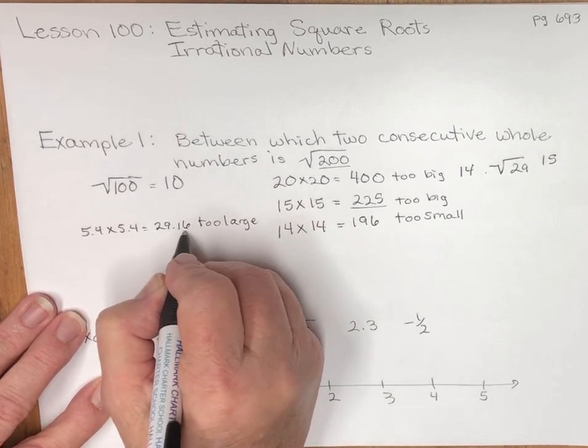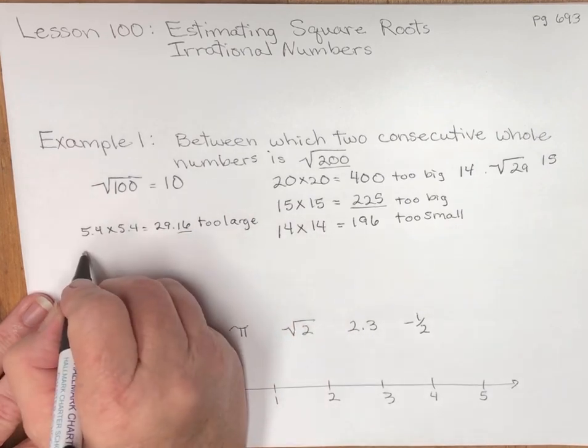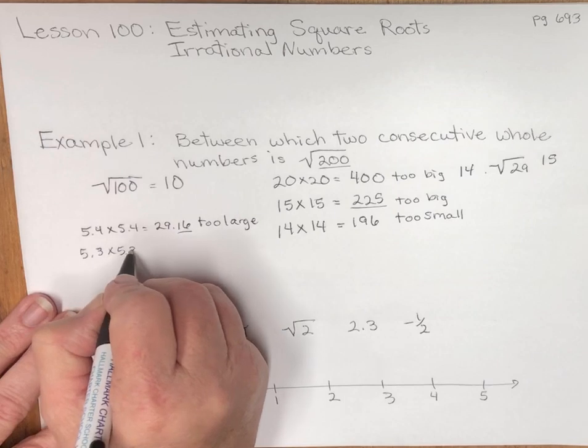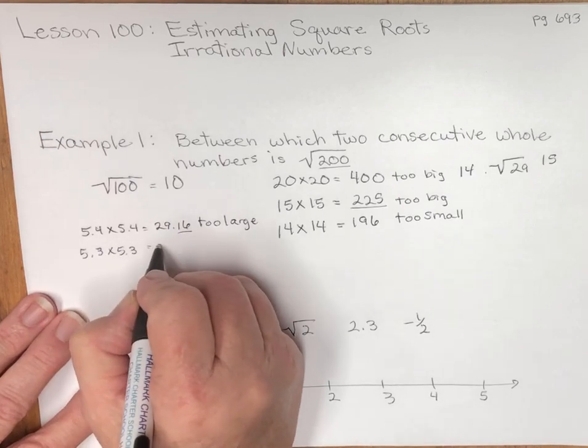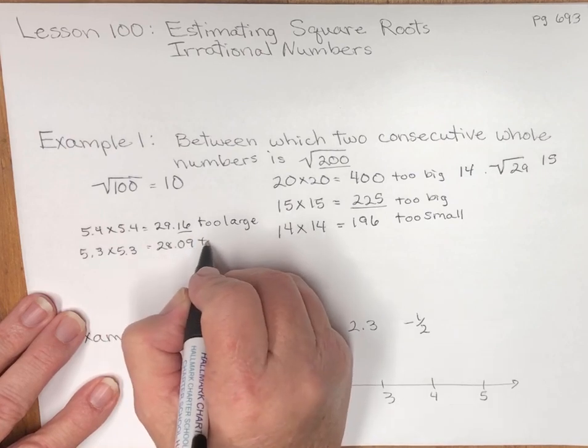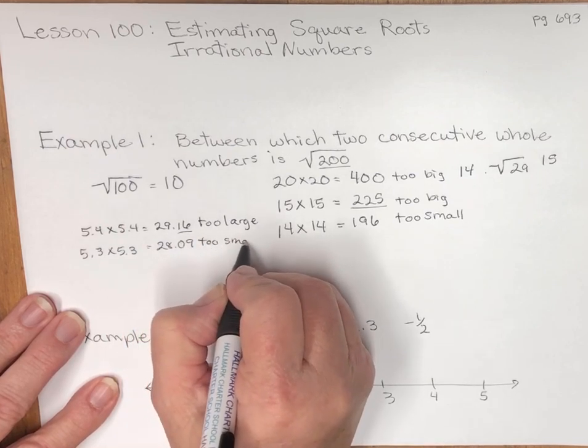It was over 29, that much over 29. So then we try 5.3 times 5.3, and that's 28.09, and that one is too small.